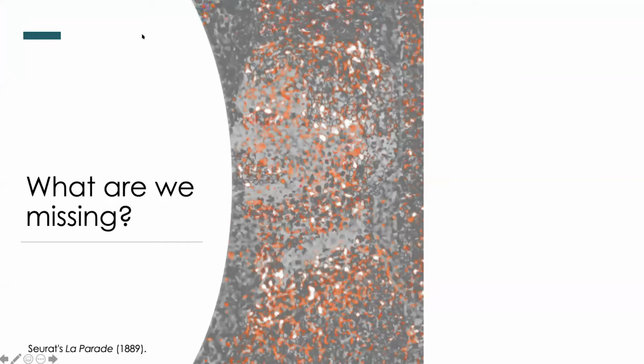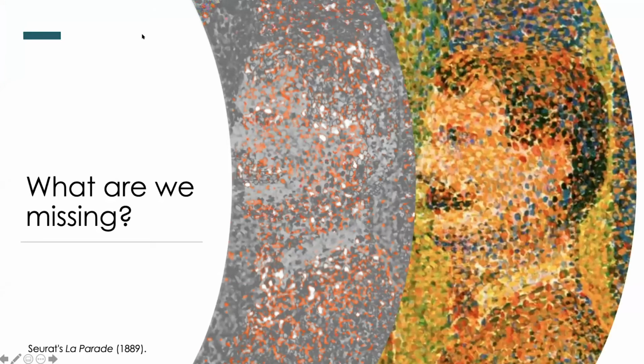So this is a focused image of Seurat's La Grande Jatte, and I edited the picture so that you could only see the red parts. And what you see is, by only looking at a single color at a time, we're muting what's actually going on, and we're not looking at the full painting and seeing all the information that exists within that painting.